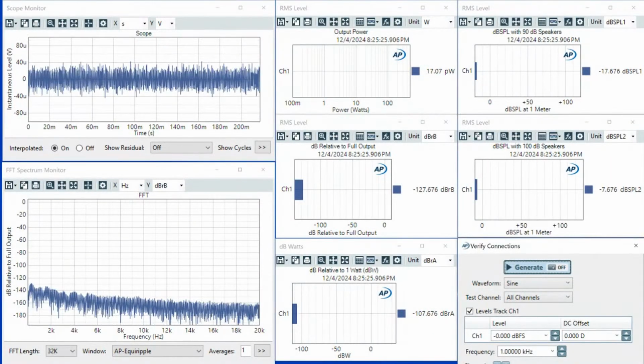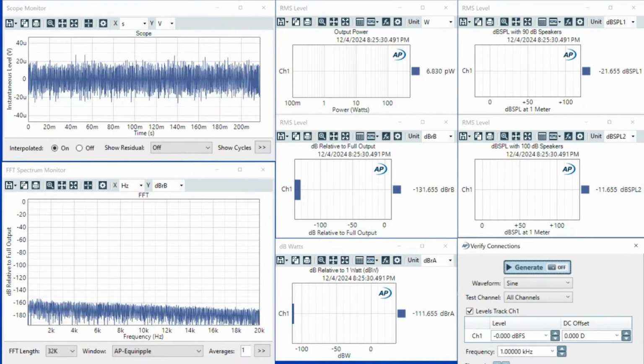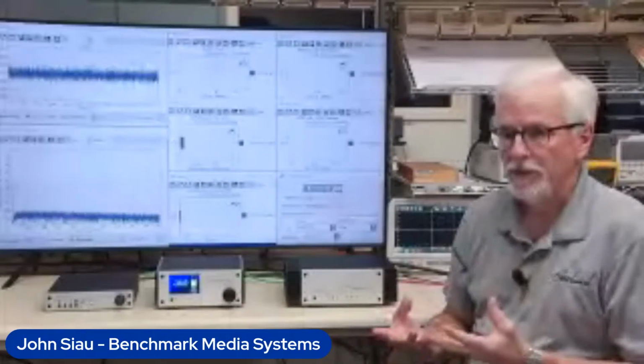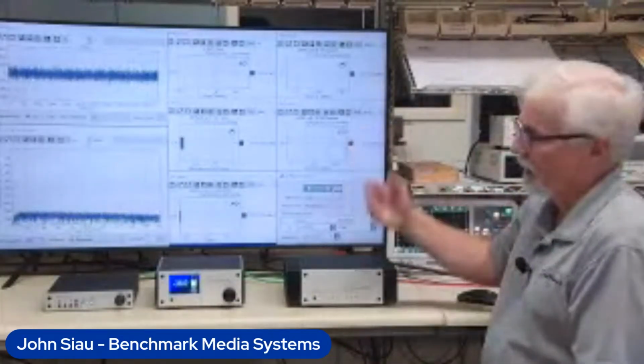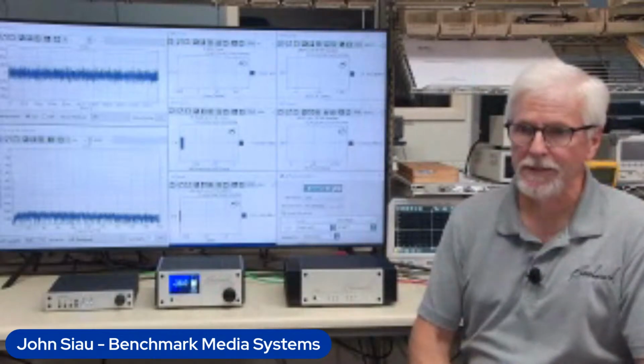But you can see that minus 12 number go down as I turn the LA4 down. So we're always getting optimal noise performance through the system when I've got the LA4 in the middle.